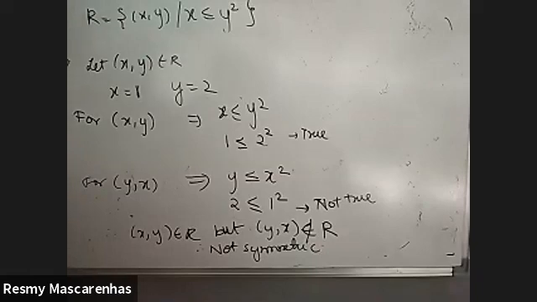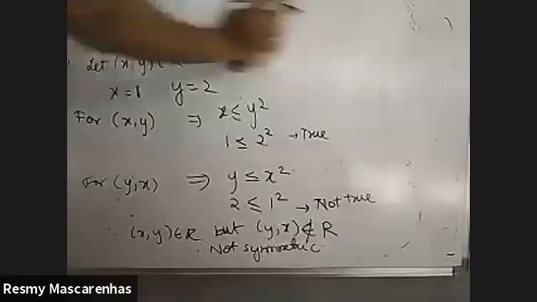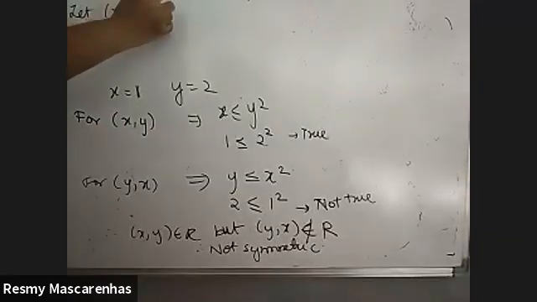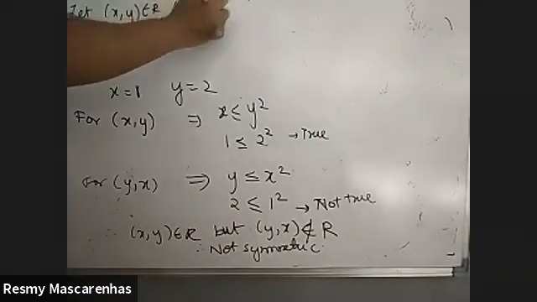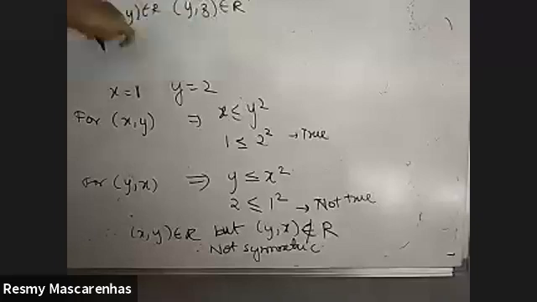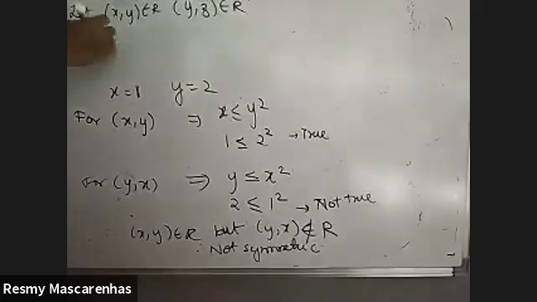Okay, for transitive, we have to take 3 numbers, x, y, and z. So let x comma y belong to R, y comma z belong to R. Then we have to check whether it works for x comma z. So 3 numbers. Let me take some values.